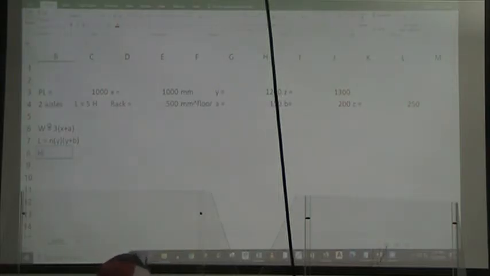And our height equals nz times z plus c.